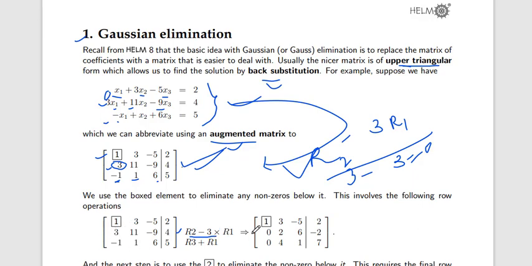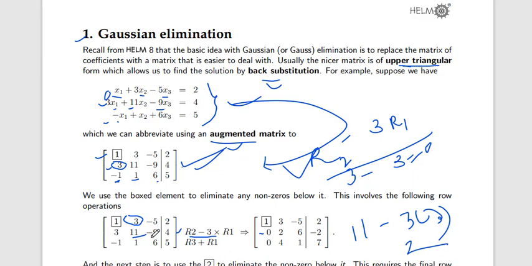So here it becomes 0. Next, 11 minus 3 into 3: 11 minus 9 is equal to 2.